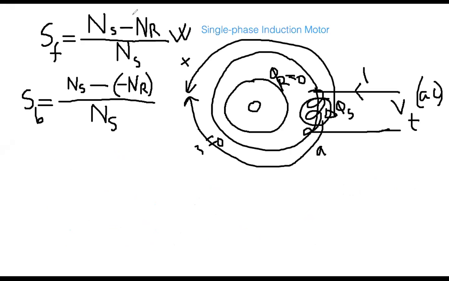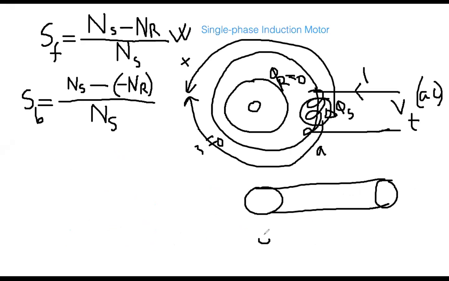Now, let me draw two things. For example, this is one cable, and this is another cable.